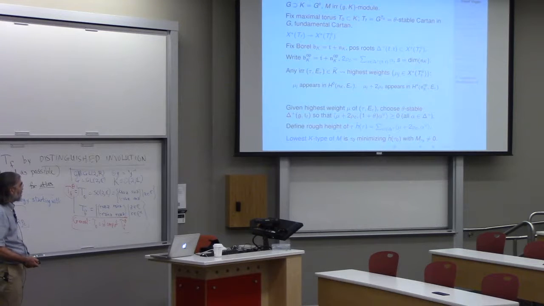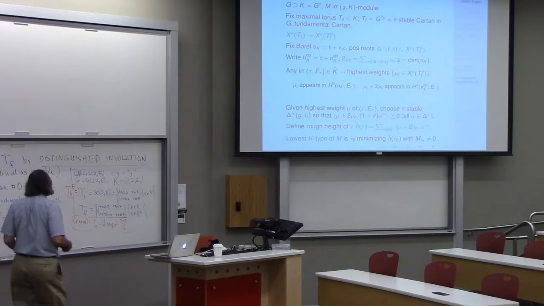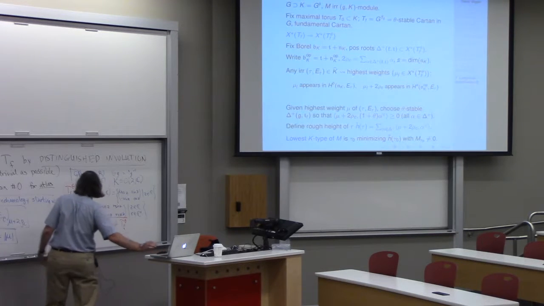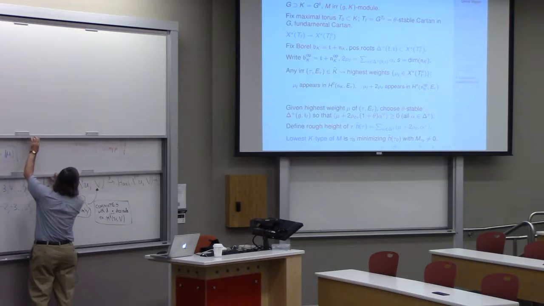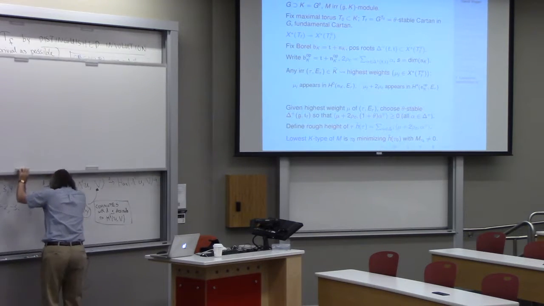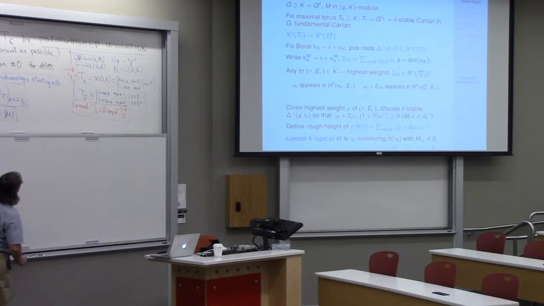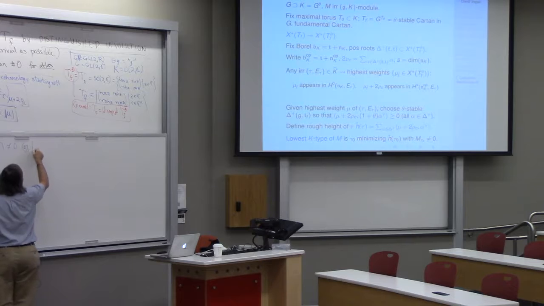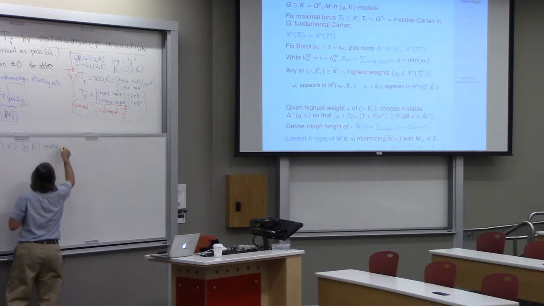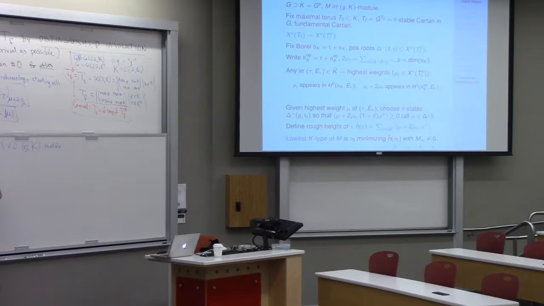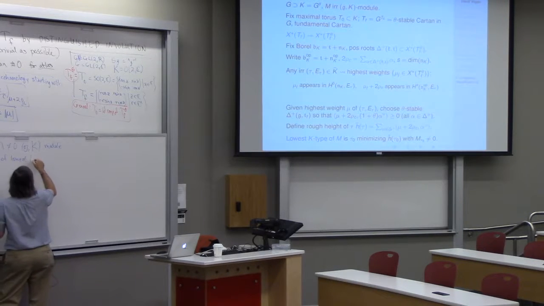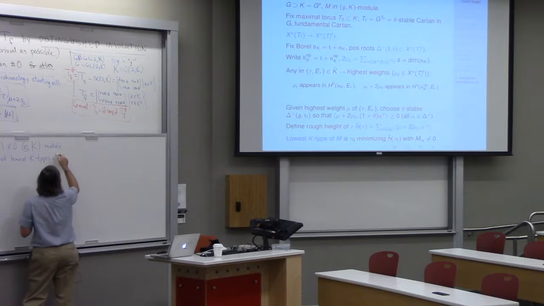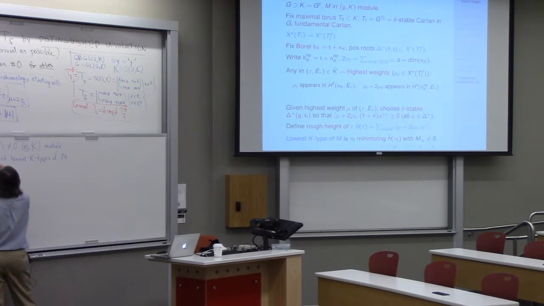What's clear is that if M is a non-zero GK module, then the set of lowest K types of M is non-empty and finite.